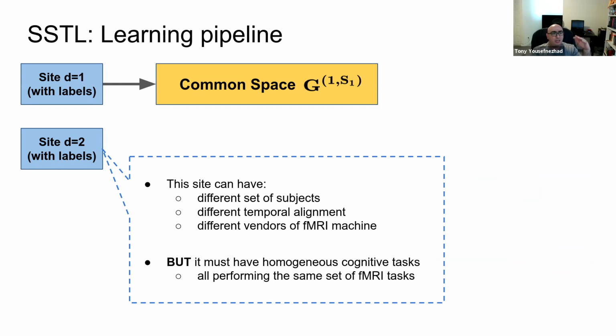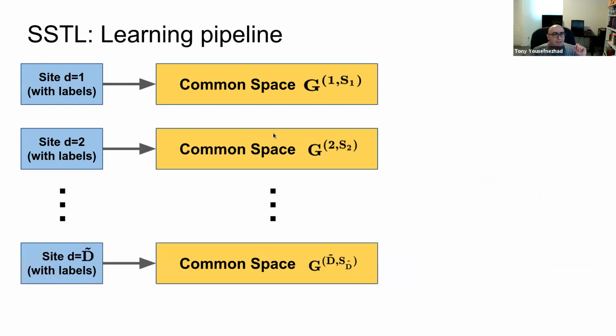Until here, the site data doesn't need to be combined really. There are different subjects, different temporal alignment, probably different types of fMRI machines, but the task here is homogeneous. So we have the same set of homogeneous cognitive tasks. We are doing this for all sites, and this procedure is completely unsupervised. We just have the X, we don't have any labels or other things.